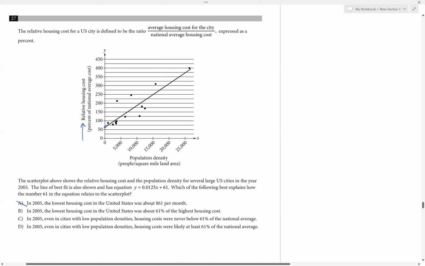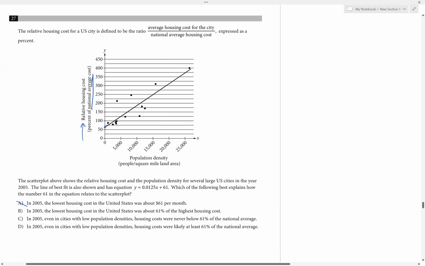B says in 2005, the lowest housing cost in the US was about 61% of the highest housing cost. The problem with this answer choice is that it's not 61% of the highest housing cost, it's 61% of the national average.